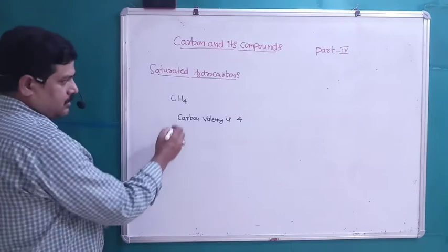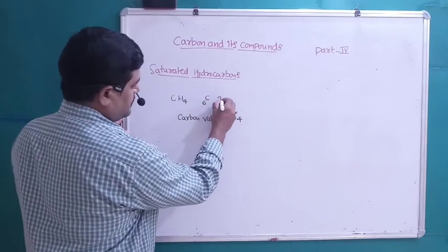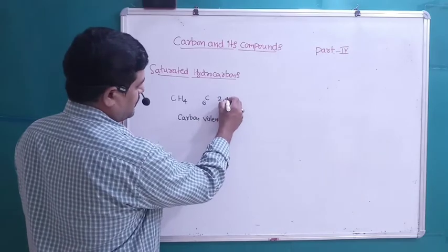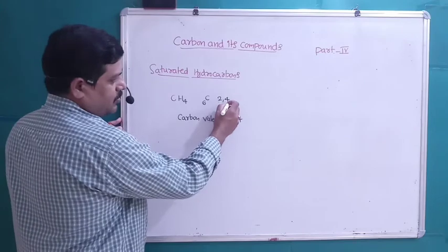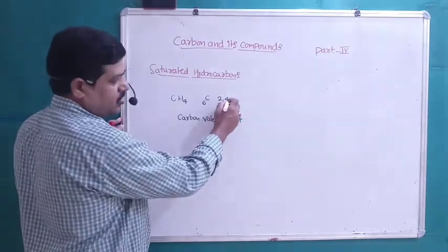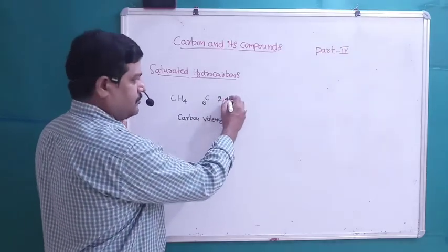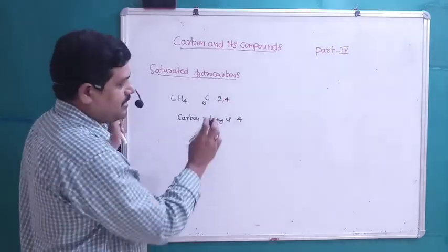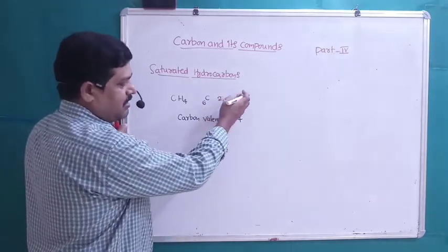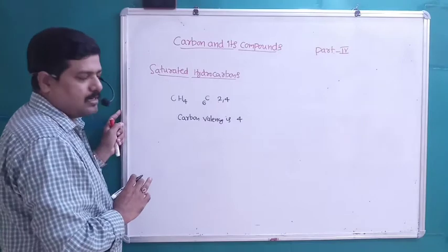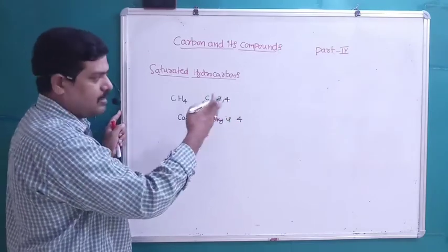We know that carbon's atomic number is 6, and its electronic configuration is 2, 4. The first shell contains 2 electrons, and the outermost second shell contains 4 electrons. According to the octet rule, it will try to achieve 8 electrons. In the earlier class we discussed that carbon cannot lose 4 electrons or gain 4 electrons. Generally, it will share 4 electrons with other atoms.